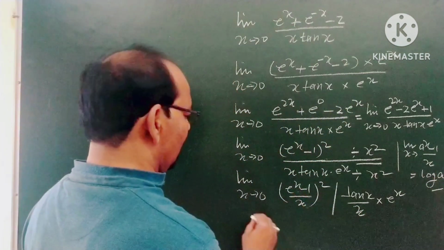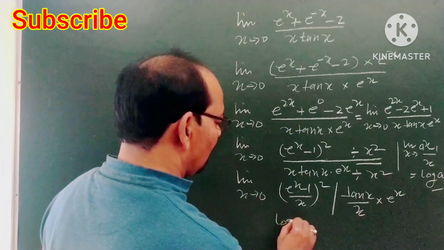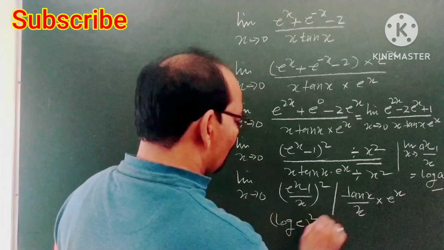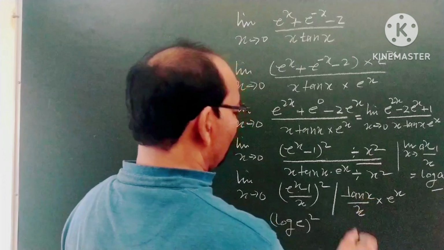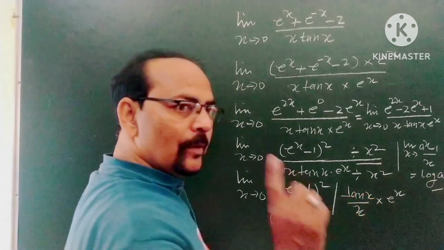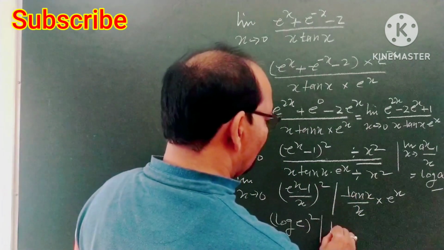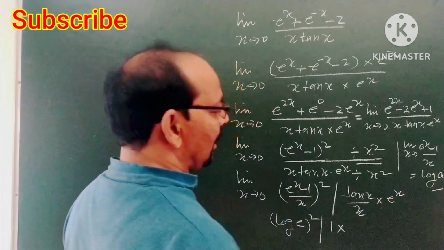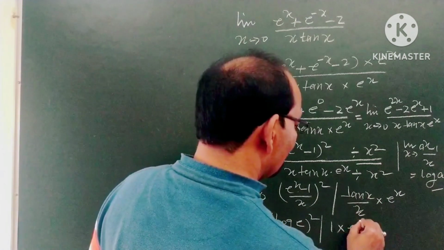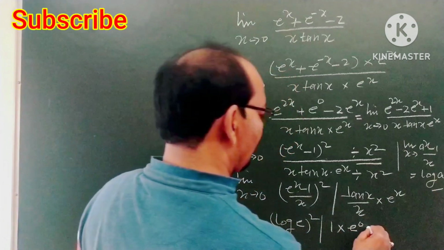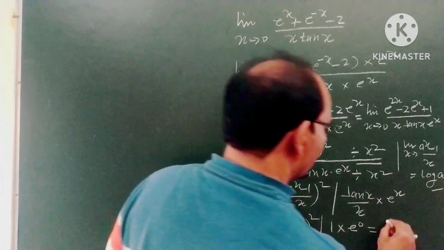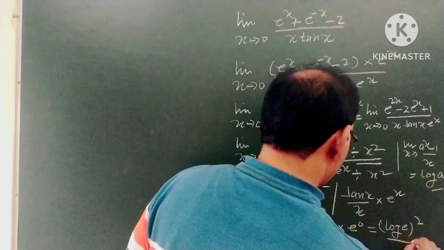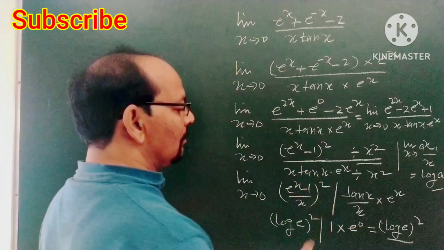Therefore, we can write here (log e) squared, and the limit of tan x by x will be 1 by 1, and the limit of e^x will be e^0. Therefore, the limit will be (log e)² by e^0 times 1 by 1.